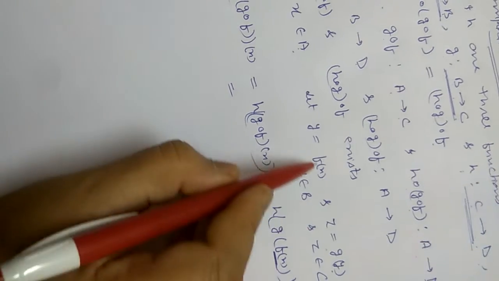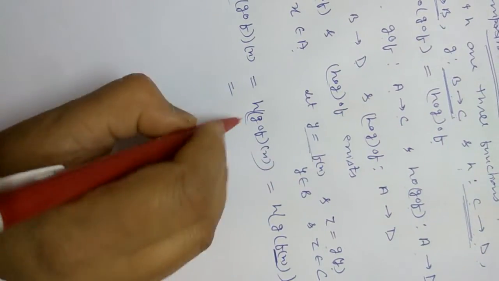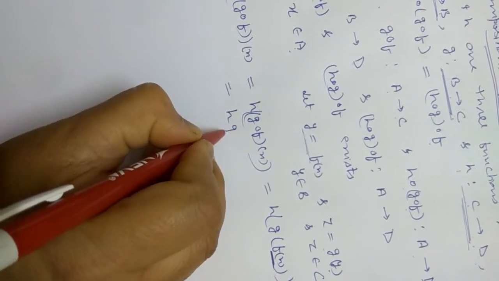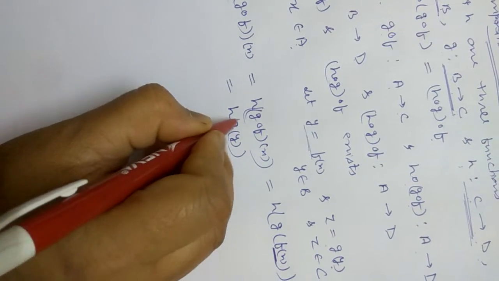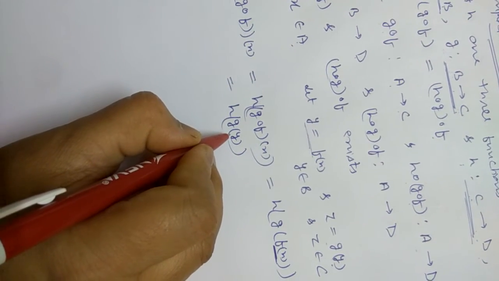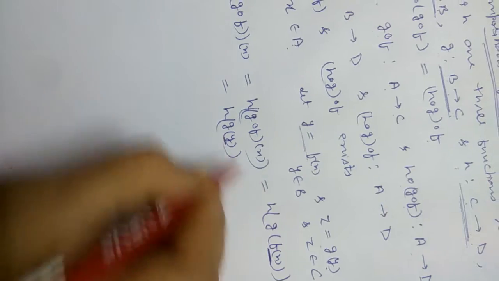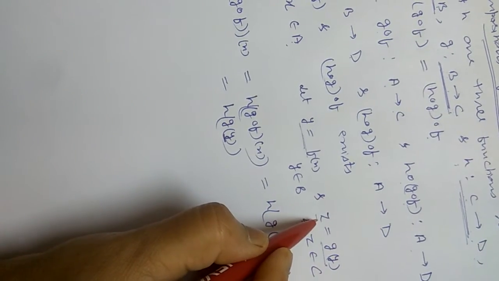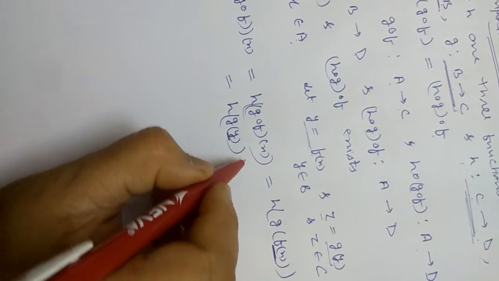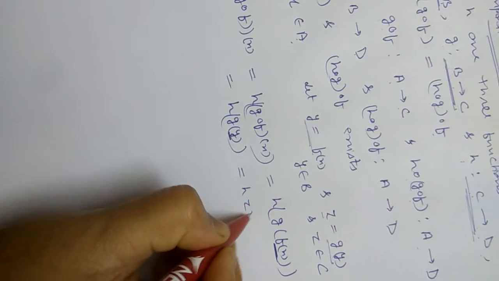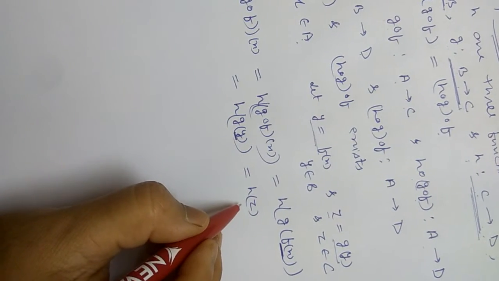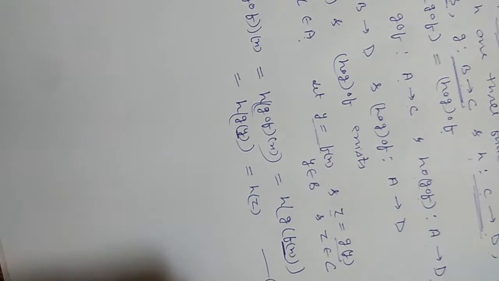What is f(x)? f(x) is y. Then it becomes h(g(y)). What is g(y)? g(y) is equal to z, and therefore it is equal to h(z). Say this is number 1.